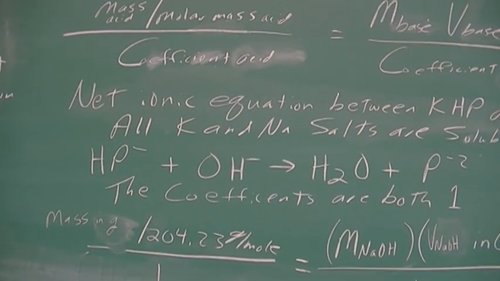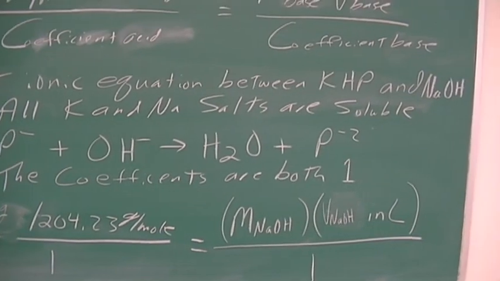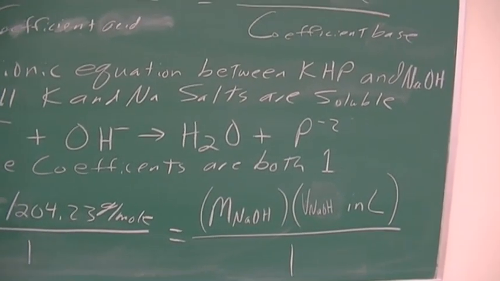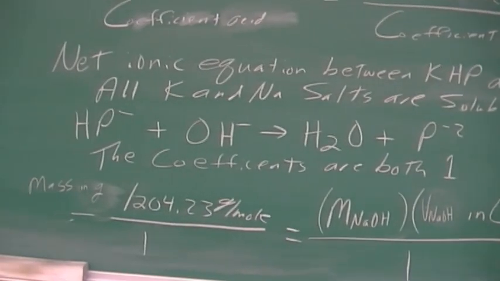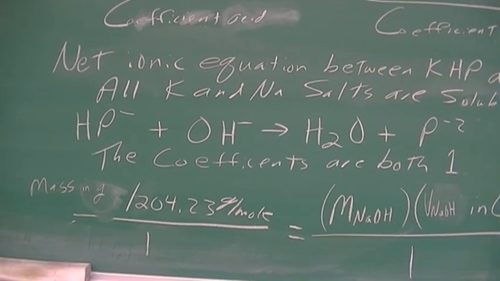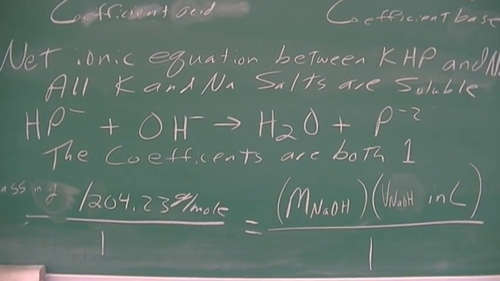All right, so the net ionic equation. As I said before, all potassium salts are soluble and all sodium salts are soluble. So when you are reacting KHP with NaOH, the reaction is HP minus plus OH minus yields water and P minus 2.